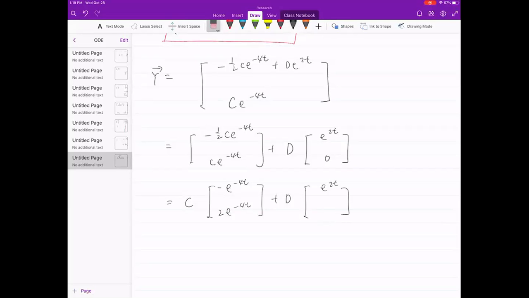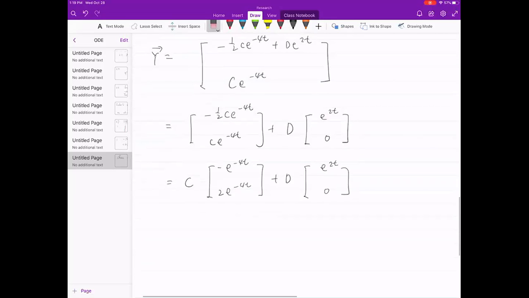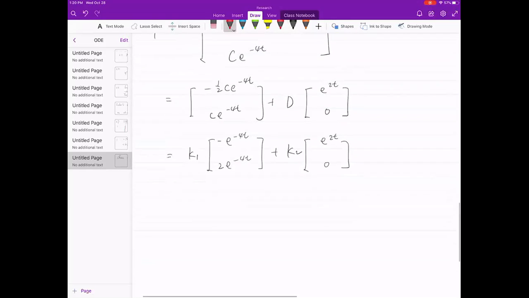Moreover, you can change these constants to k1 and k2, because they're basically any constant. So you can see it's all the possible linear combinations of two linearly independent solutions, this and that. Why?